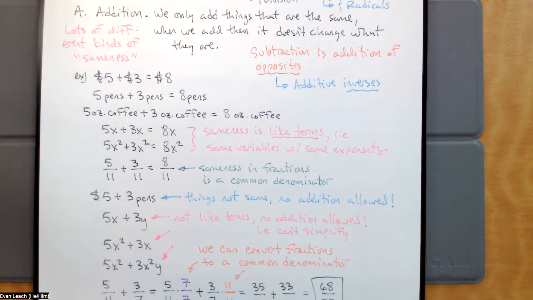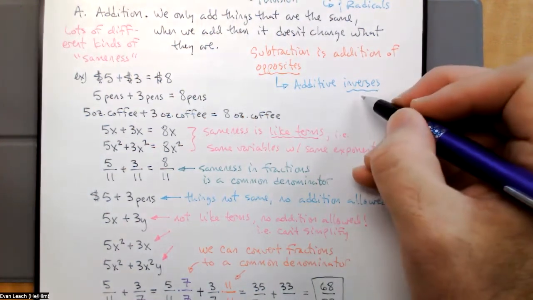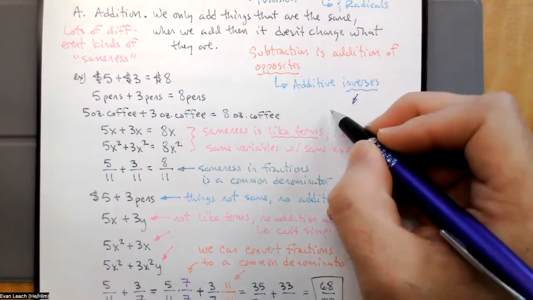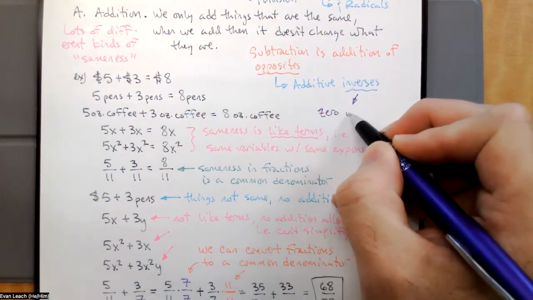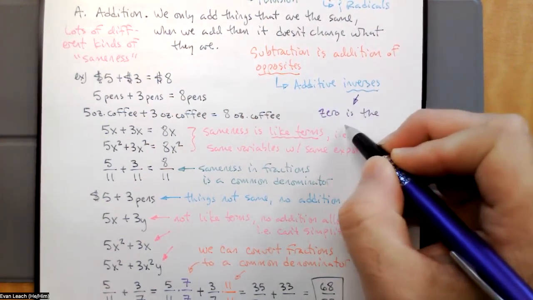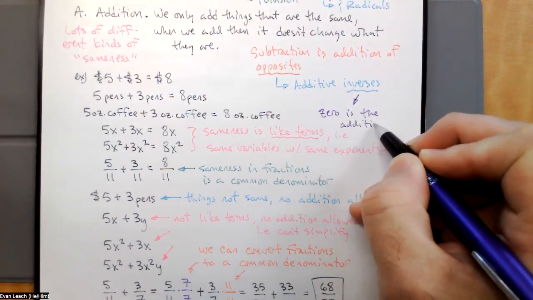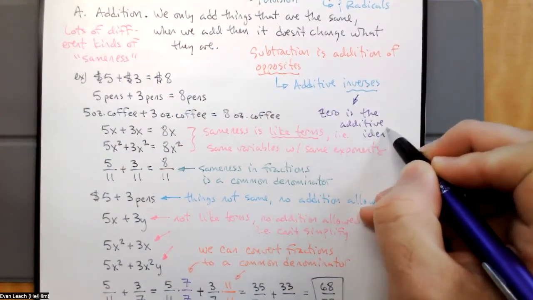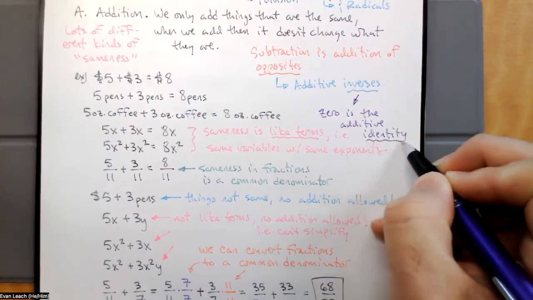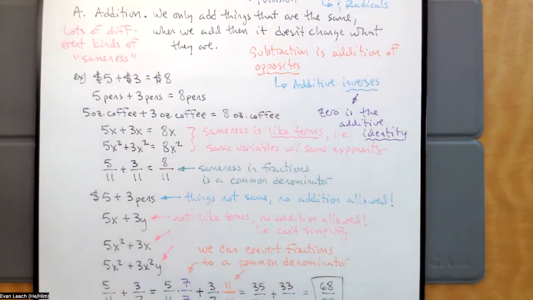Connected to this idea is the additive identity. Our operations of addition and multiplication have an identity element, which means if you do the operation with this element, nothing happens.